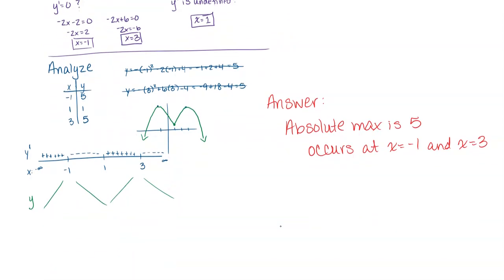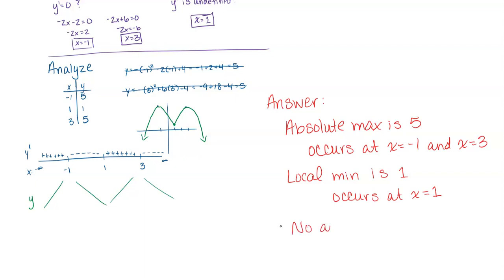One maximum value occurs in 2 different places. And then we have a local minimum. The value is 1, and it occurs at x equals 1.